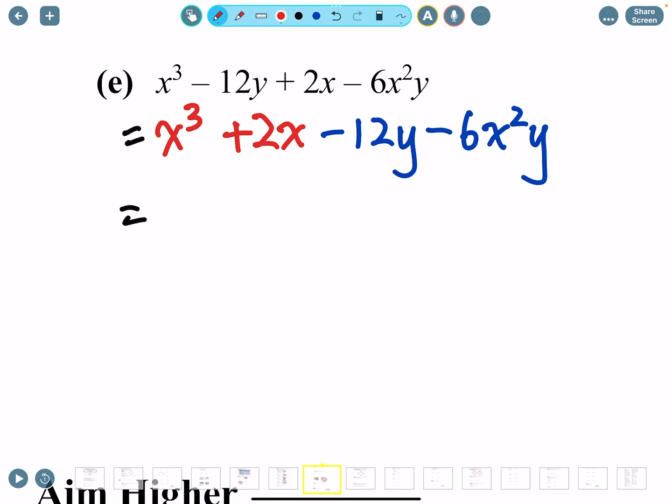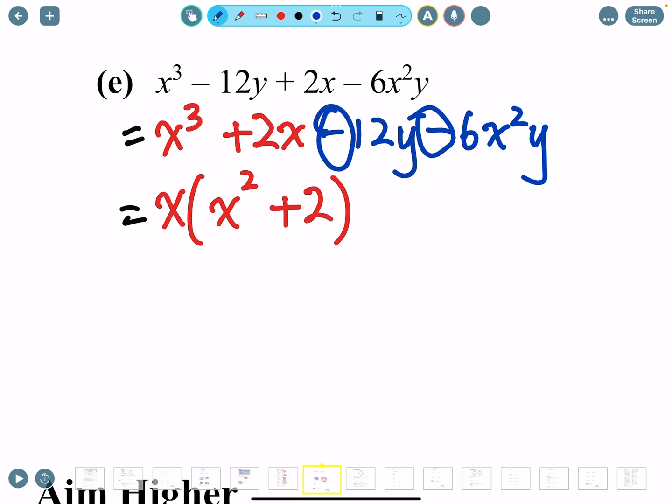So for the red one it's really simple. It's just an x out. And then if you take 1 away from 3, you have 2 left. So it's x squared plus 2 over here. Now both of these have the negative. I have to factorize the negative out. And then 6. And both of them have a y, so just might as well take out the y as well.